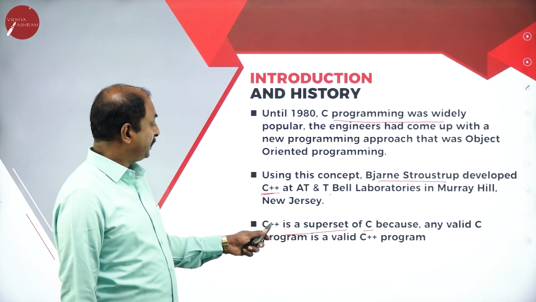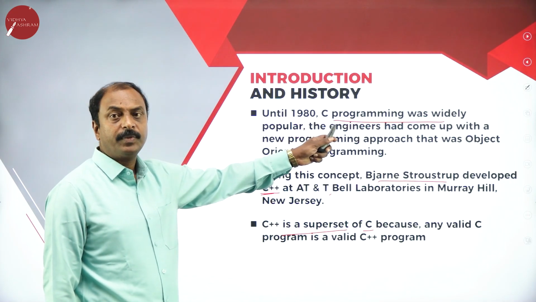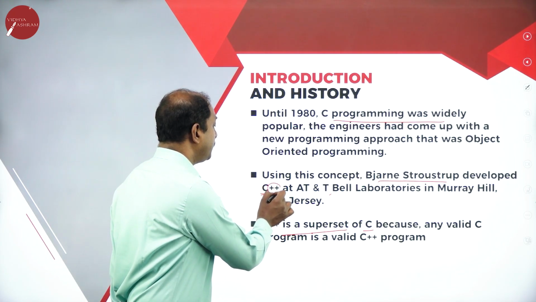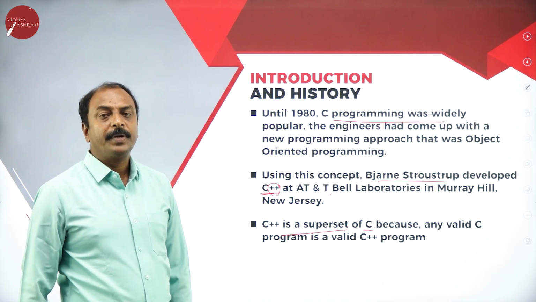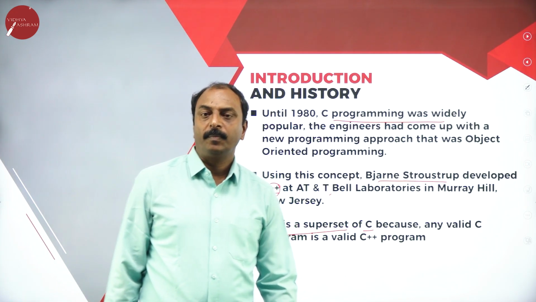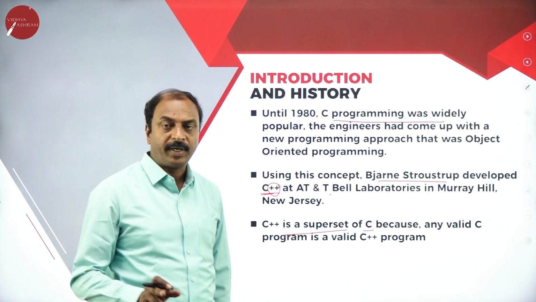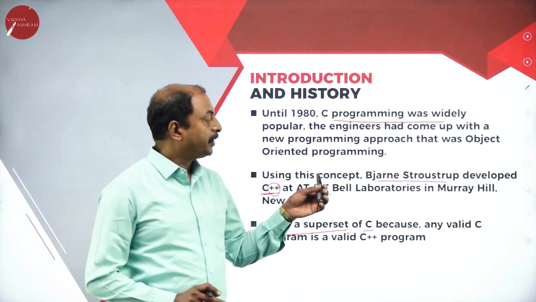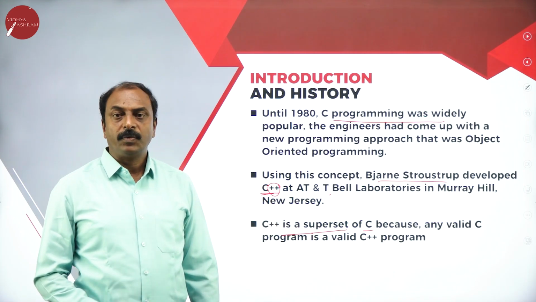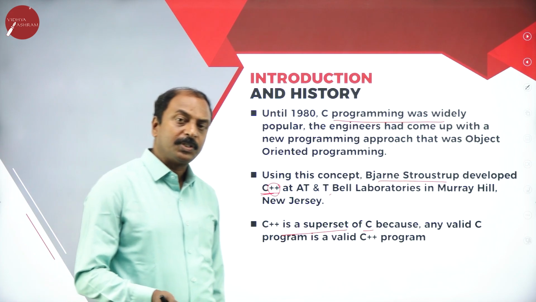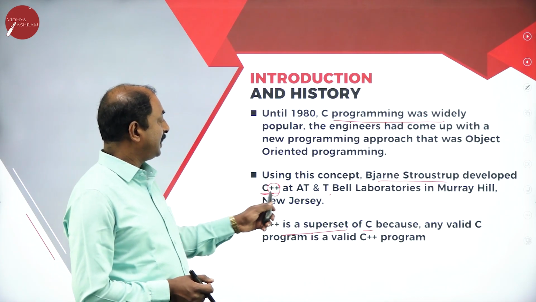Actually, this C++ language is derived from C language. And here in C++, the plus stands for an operator called the increment operator. Normally, the C language was there, and this particular mathematician himself added a new concept, a new feature, and made it C++.